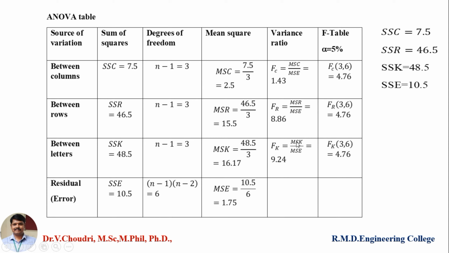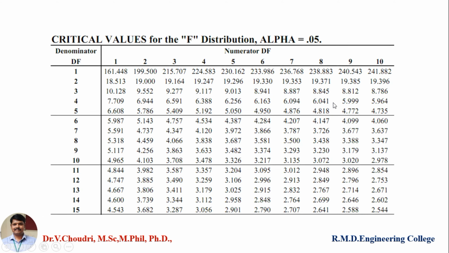MSK numerator degrees of freedom 3, MSE degrees of freedom 6. So 3, 6 is common for column, row, and treatment. Now how do we obtain the F table value? See, numerator 3, denominator 6, where it matches, 4.754.